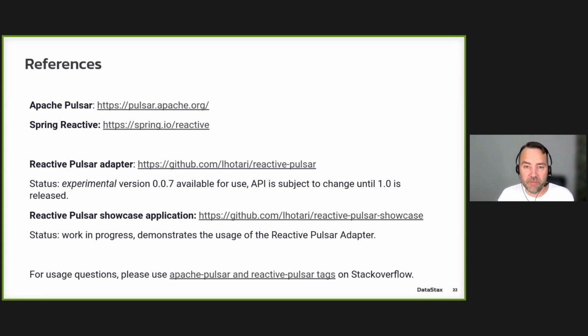And this library is available here, and it's now version 0.0.7. The API is subject to change until 1.0 is released, so just be prepared. If you're planning to go to production before 1.0, please contact me, so you'll know about the changes that are coming up.